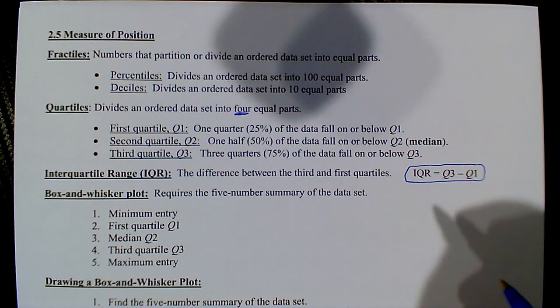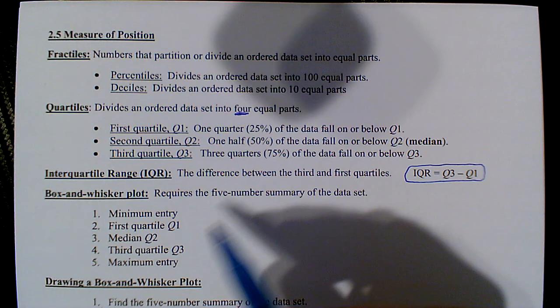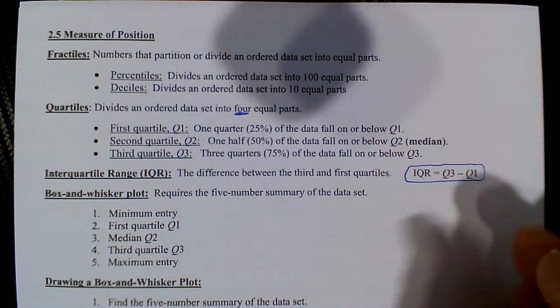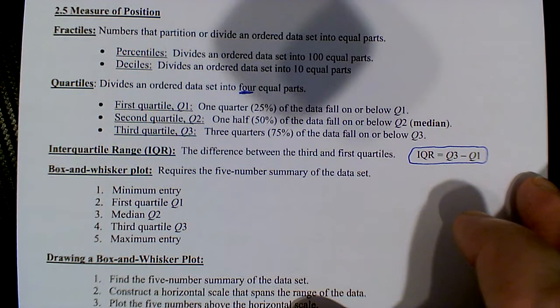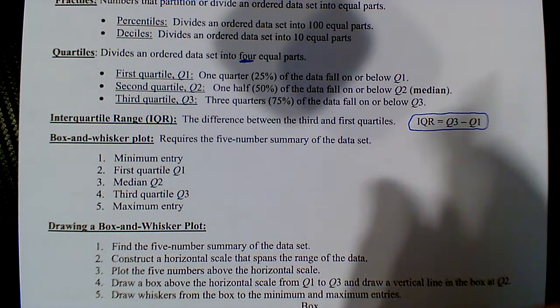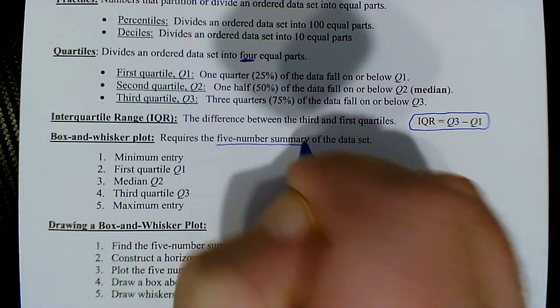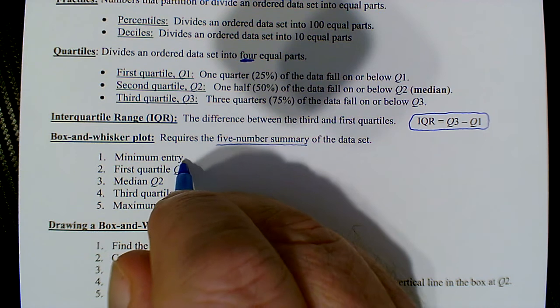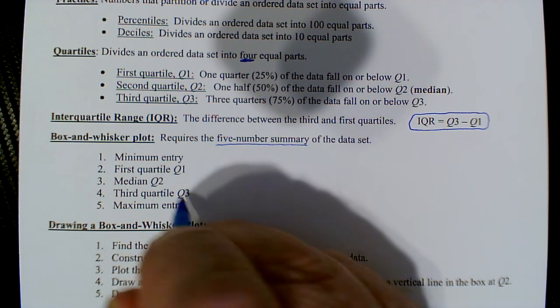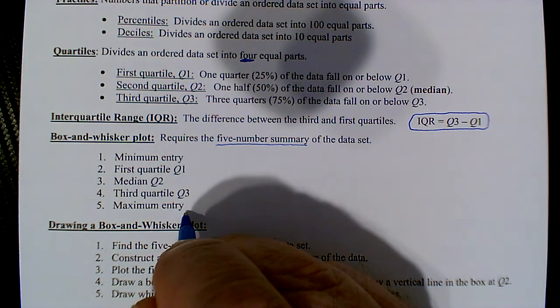To display the set of data, we often will use what's called a box and whisker plot, or just a box plot. And it includes what we refer to as the 5-number summary, which contains the following: the minimum entry, the 3 quartiles, and then the maximum entry.